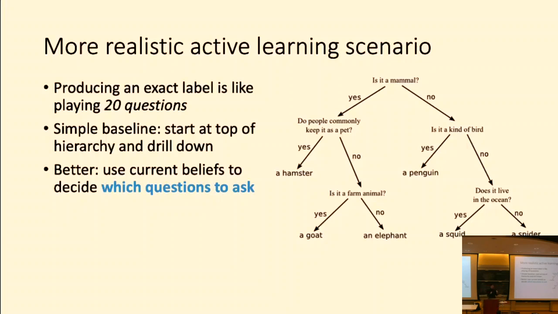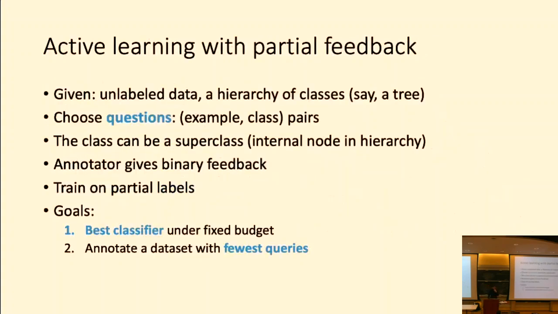Once they tell you that the answer is on one side, you set all the others to 0, and now you ask the next question. It's called binary splitting. So if you had to ask these binary questions, we could think about active learning now, not just as a question of choosing an example to get a label for, but rather now each query is a tuple. It's an example-class pair, where the class could potentially be one of the leaf nodes that you care about, but it could also be an internal node in the hierarchy.